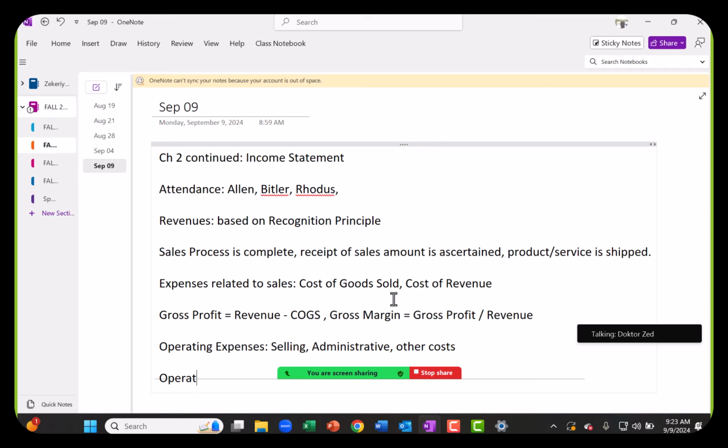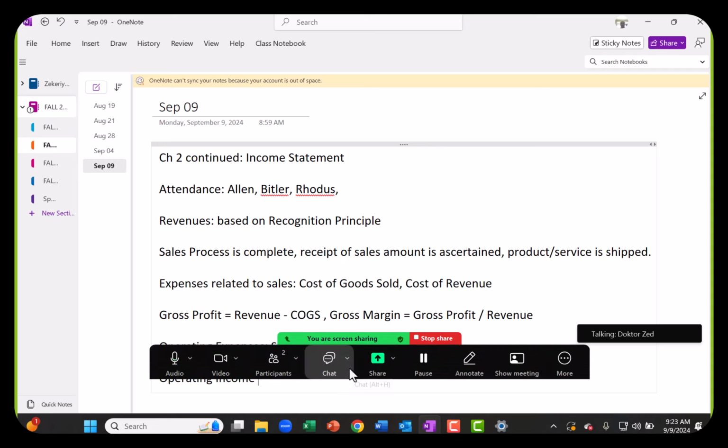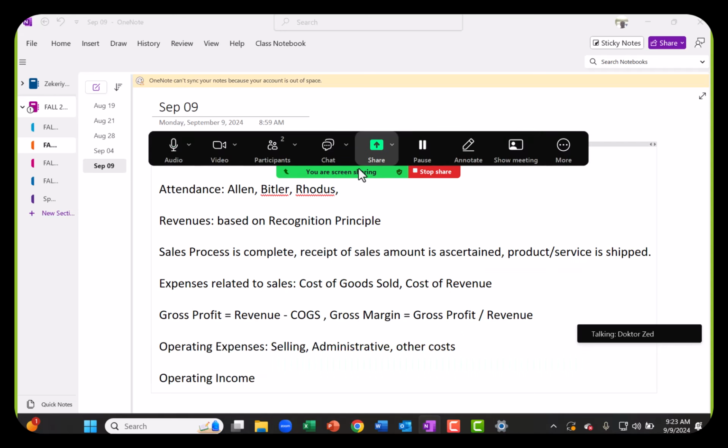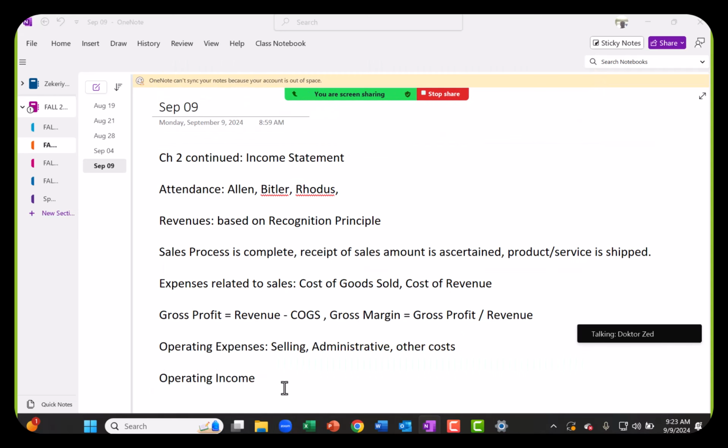Then you have the operating profits or operating income.